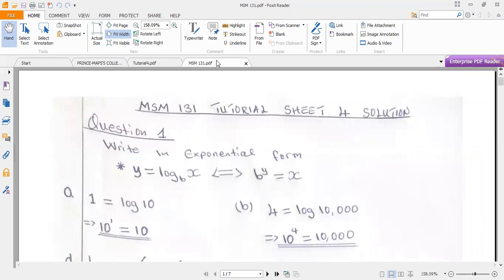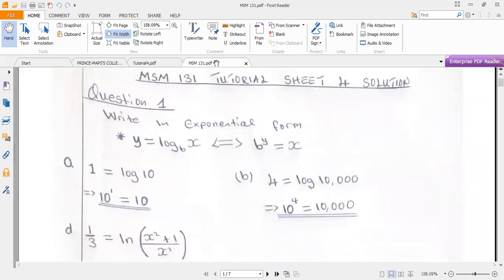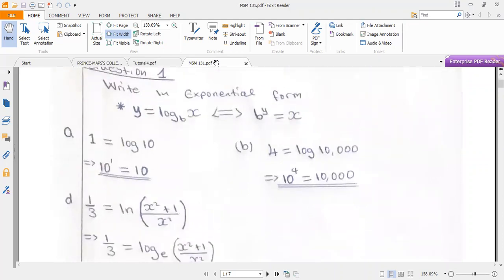If you check there on top, I've given more like a hint in my solutions. Writing an equation in exponential form, where you have y is equal to log to the base b of x, is the same as b to the power y is equal to x.